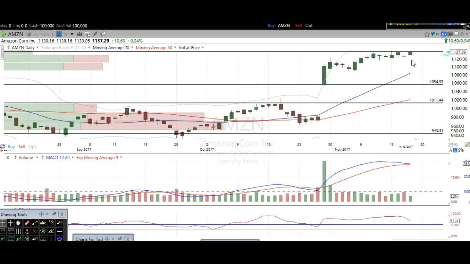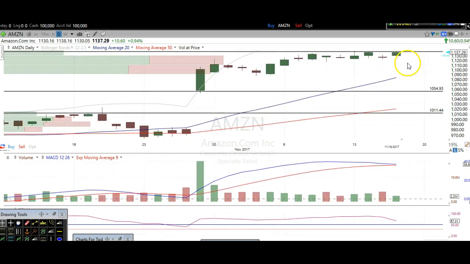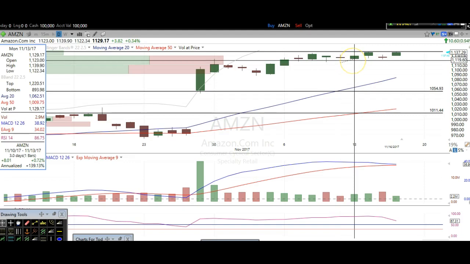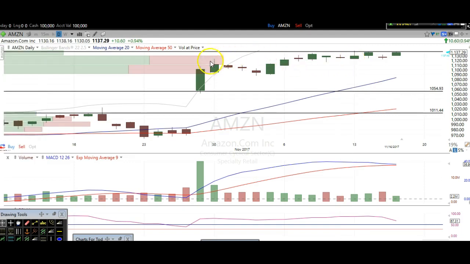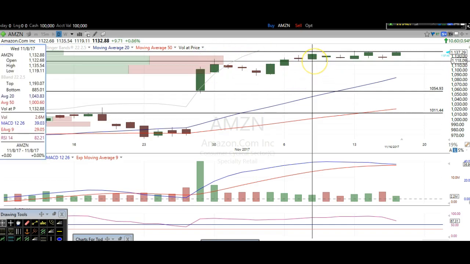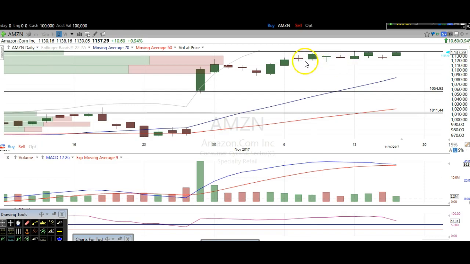So that's a resistance that you want to look for. As far as that level, it's right around 1,140. As far as support, we've got really nice support, just 20 bucks below us, based off of this previous resistance there, and then you can clearly see it's gotten bounces against this level several times in the last couple of weeks.